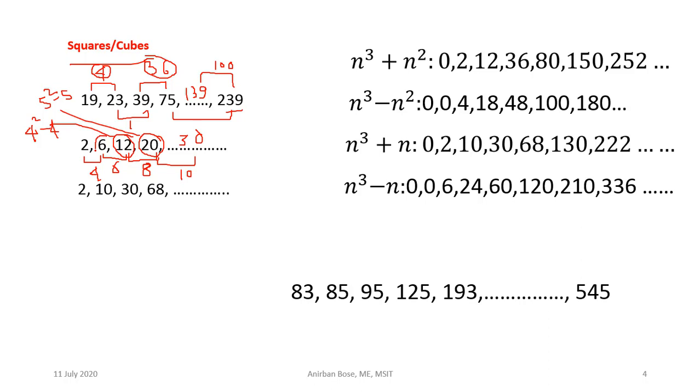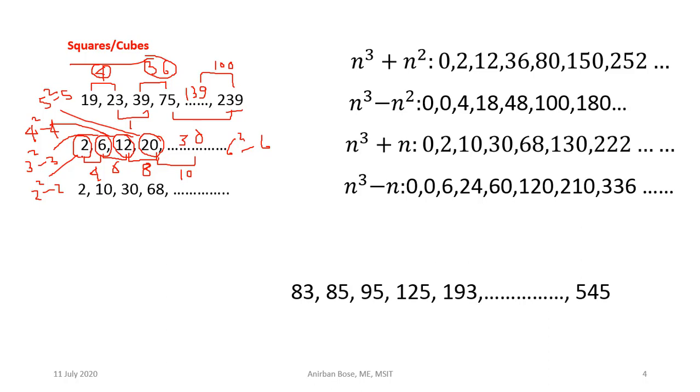What is this 6? 6 is 3 square minus 3. So 2 is what? That is 2 square minus 2. So in this way, what will be the next term? It will be 6 square minus 6.